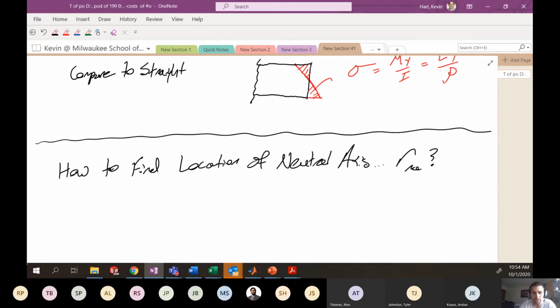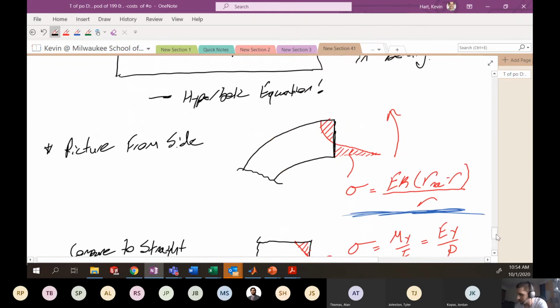It may look a little complicated when you think about what you might have to do to approach this, but not really if you consider what the stress distribution actually looks like. Up here we have our stress distribution.